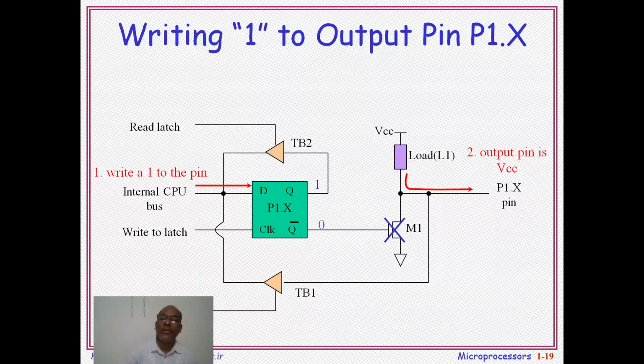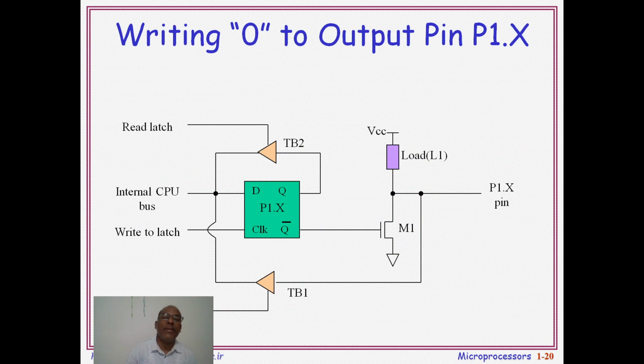See what happened? Similarly, if we want to write 0, then what happens? Write a 0 to the D input of the D flip-flop. At Q we get a 0. Similarly at Q bar we get a 1.